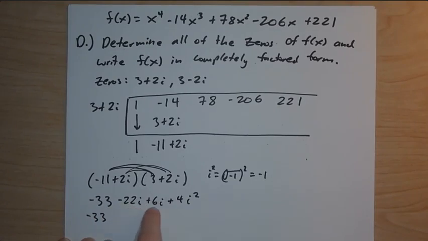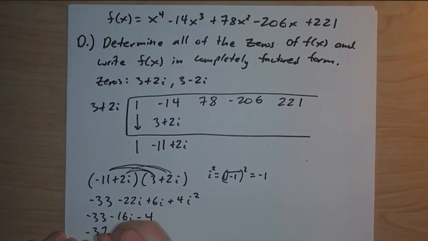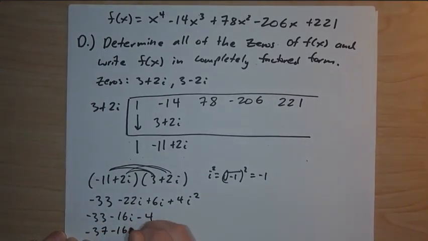Negative 22i plus 6i gives us negative 16i. And this is 4 times negative 1, which is just negative 4. Negative 4 can be added to negative 33. So this gives us negative 37 minus 16i.